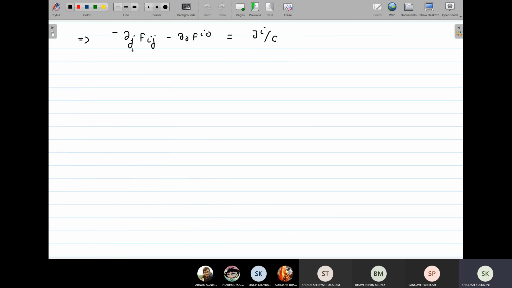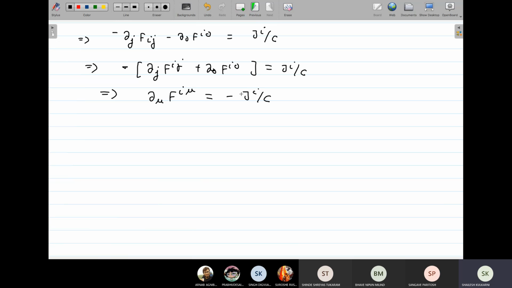Now I will raise these 2 indices up. There should not be any sign change because there are 2 space indices. When I raise one, I will get minus. Another one, I will get minus. So resultant plus sign. So this is equal to minus del J F I J, plus del 0 F I 0 equal to J I by C. So this implies del mu F I mu equal to minus of J I by C. Is this correct?